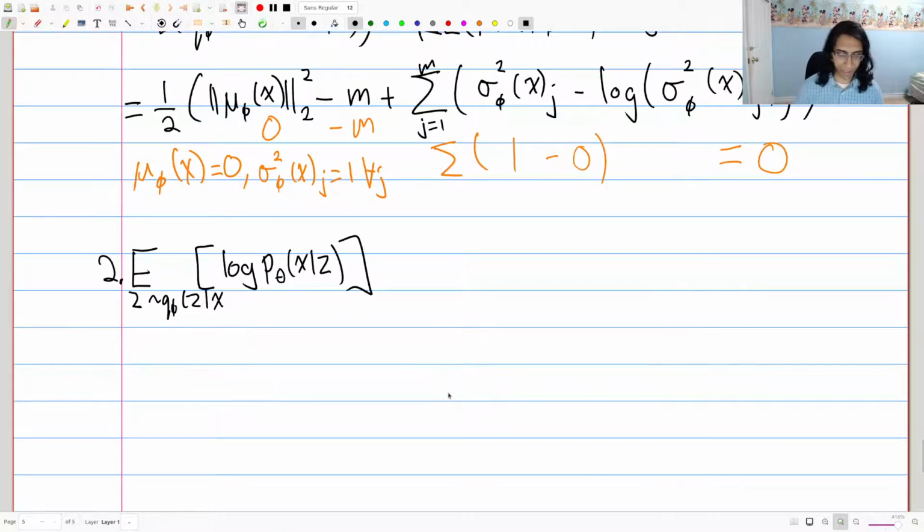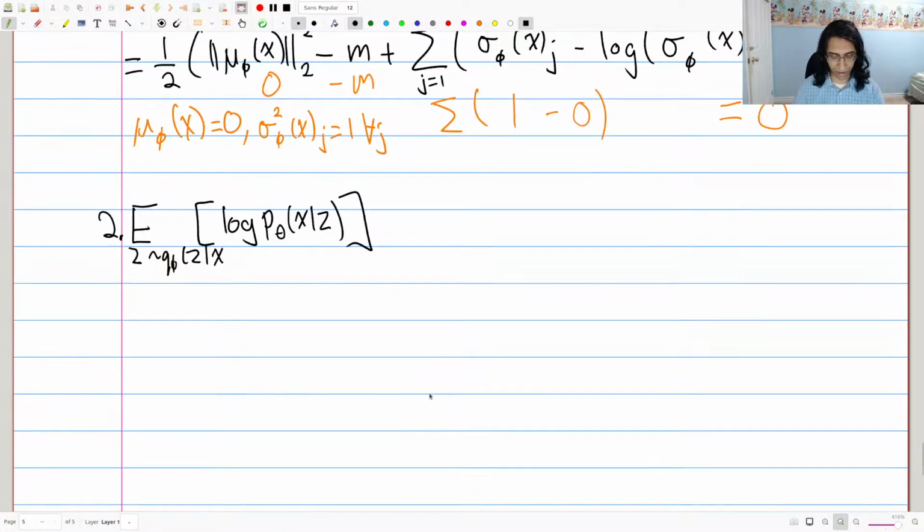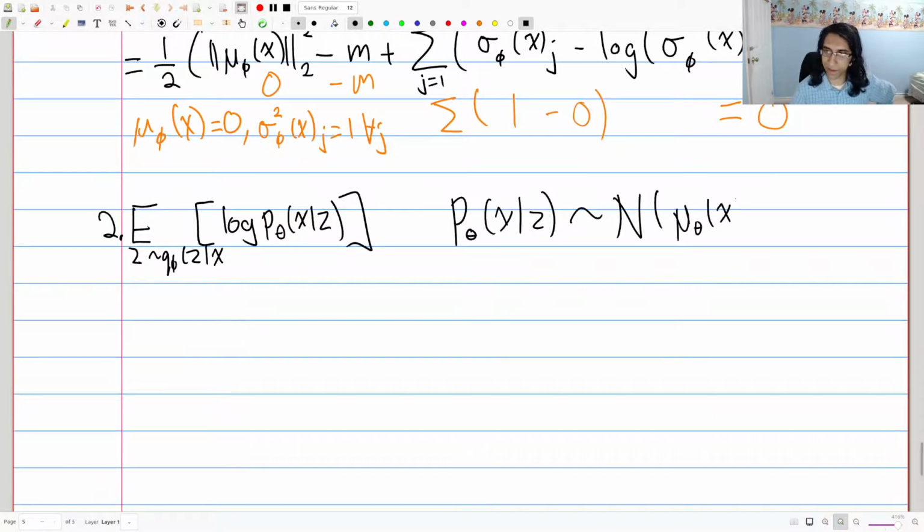An important thing I will mention here is that for the sake of computing our loss function, we're going to imagine that p theta of x given z is sampled according to a normal distribution with mean mu theta of x given z, and the identity covariance.